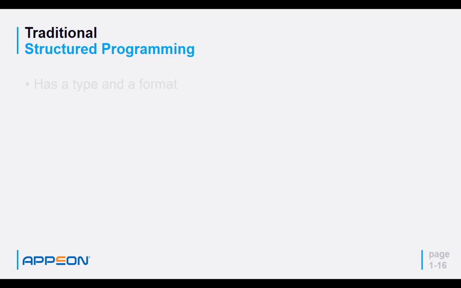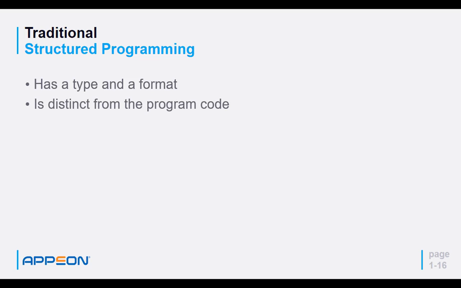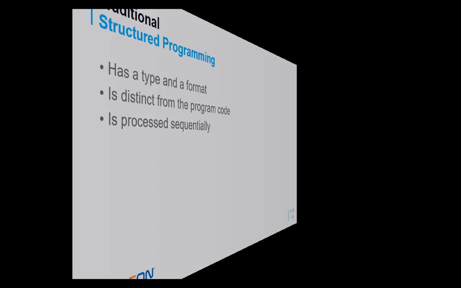So in traditional structured programming, you have what we call a specific type and format of application based on the programming language. It's distinct to the programming code and its behavior. For example, we were showing earlier that you have basically a hierarchy of menus and you have to follow that hierarchy in a tree type processing structure. And everything therefore is processed sequentially in your code as well.